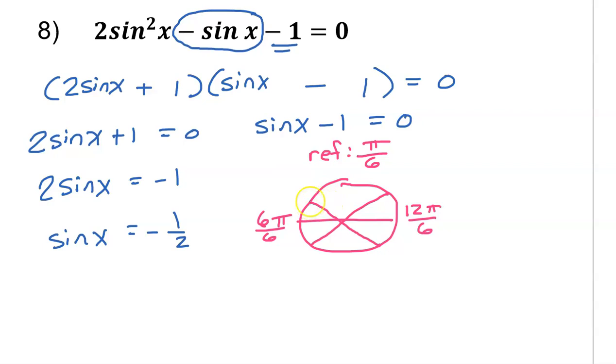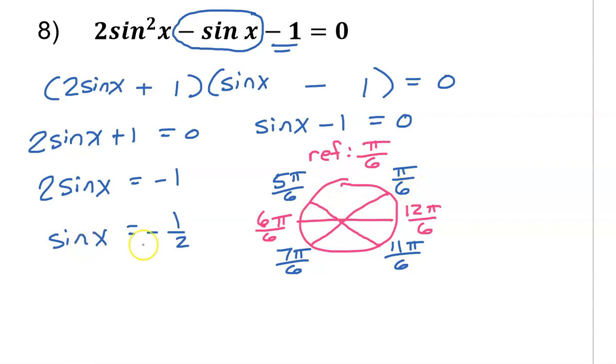So one position before 6 pi over 6 would be 5 pi over 6. Similarly, this is 7 pi over 6. And this is 11 pi over 6. And of course, in the first quadrant, you just have the reference angle itself.